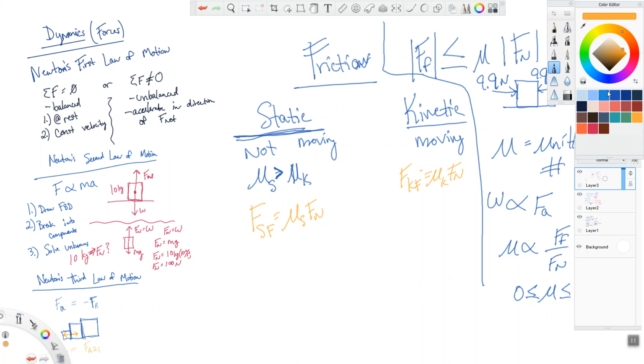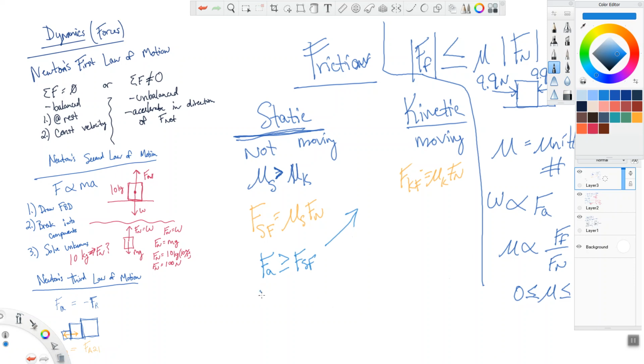Now, one last thing I want to talk about is what happens if, for static friction, the force applied is greater than the force of static friction. Well, that's when the object becomes in motion, and so then you hop over to using kinetic friction.